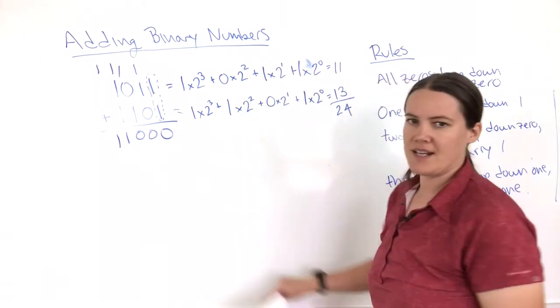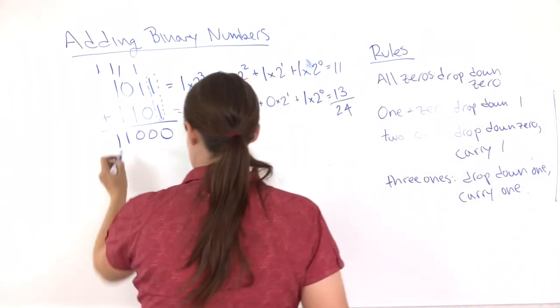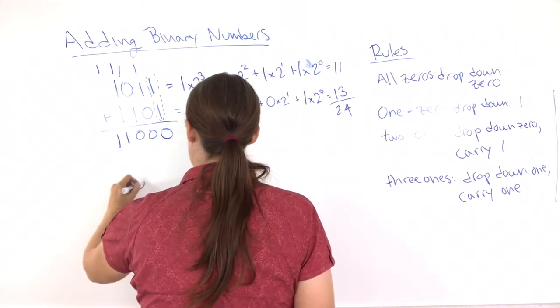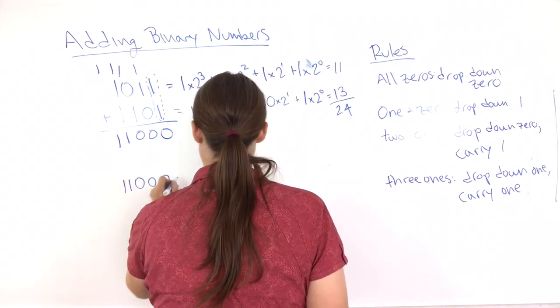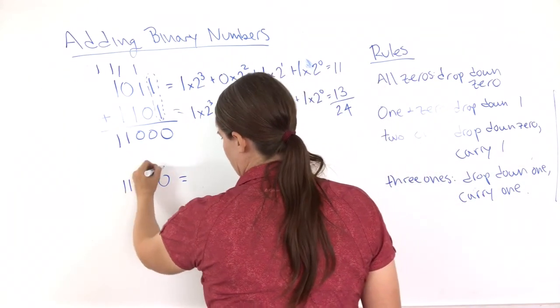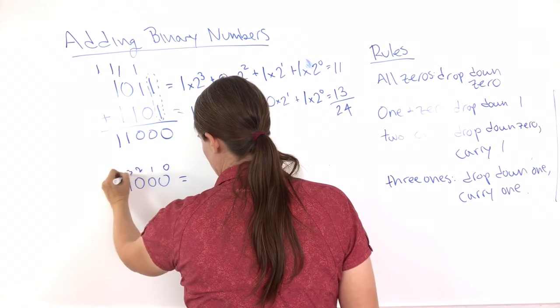So we can verify that this is correct by just converting this binary number into decimals. So this first spot, this is 0, 1, 2, 3, 4.